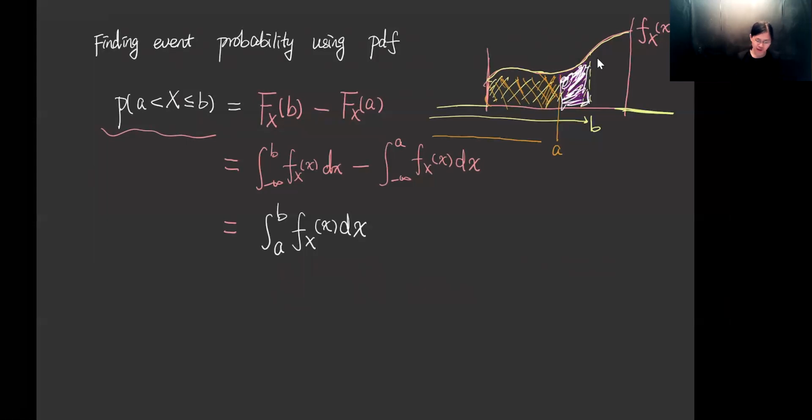And you have to be a little careful here. Suppose that little a is not in the support of the random variable. Suppose a is somewhere here. So suppose this is b, but this is a.